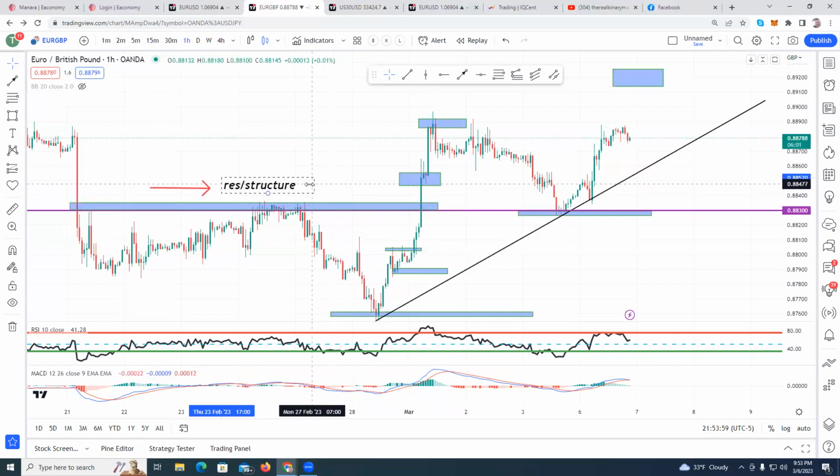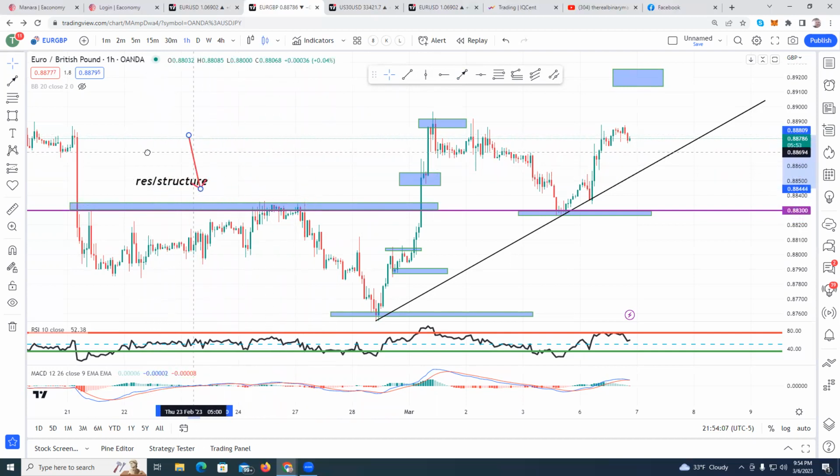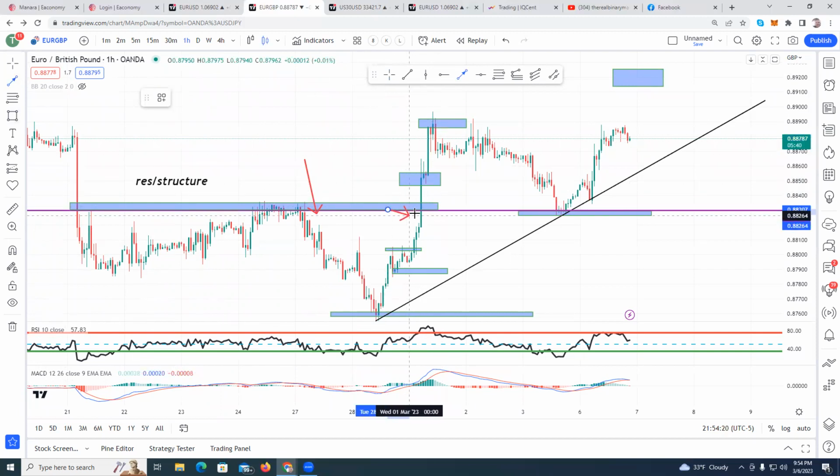Now, just make sure, when price action breaks a significant resistance like this, we're not just going to want to get in and buy, right? We're just not going to want to buy this move. There's no real reason to get in.